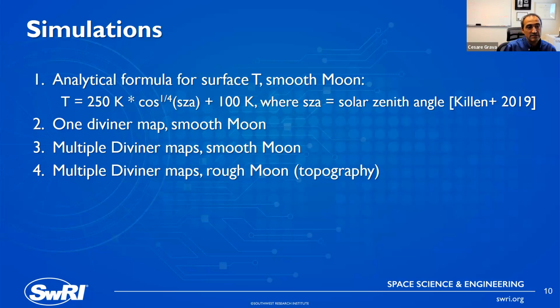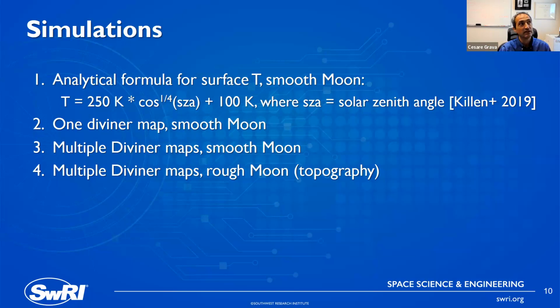The next one keeps the smooth moon, but uses one Diviner map, the one I used in my 2015 paper. The third one is smooth moon again, but multiple different maps. So then I plug in the maps I showed before of the actual variations of the temperature.